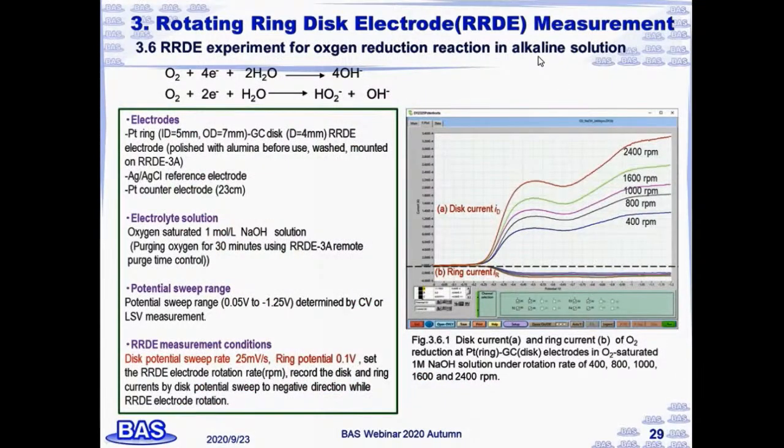Finally, let's see an RD experiment for the oxygen reduction reaction in alkaline solution. The electrolyte solution, potential sweep range at the disk electrode, and RD measurement conditions are shown here. Oxygen-saturated 1 mole per liter sodium hydroxide solution is obtained by purging oxygen gas for about 20 to 30 minutes with the purge time control of the RD3A. The right side shows the measured RD data of the disk and the ring.